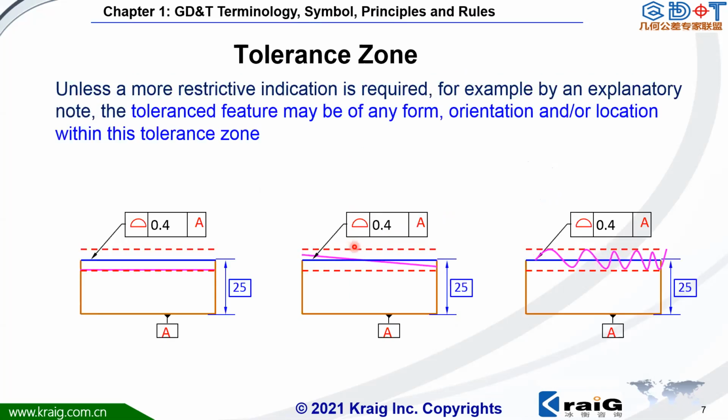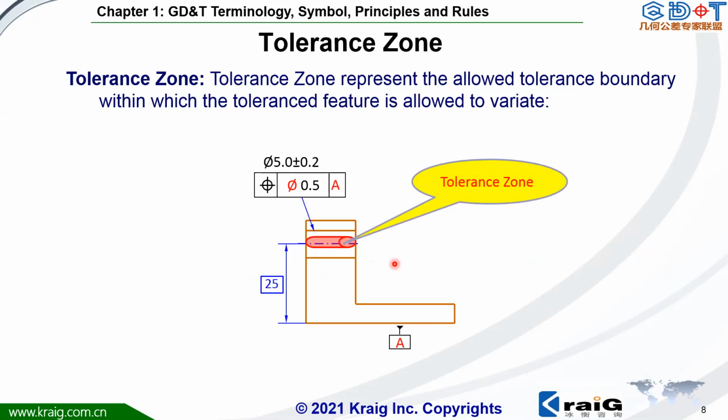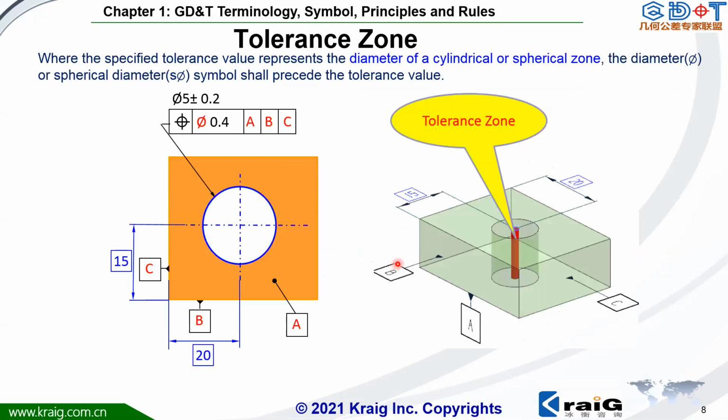In the previous example, the tolerance zone is two straight planes. We are not supposed to put any diameter symbol here. Same thing here. This is a position tolerance applied to a hole, referenced to datum A, B and C. The tolerance feature is a hole.